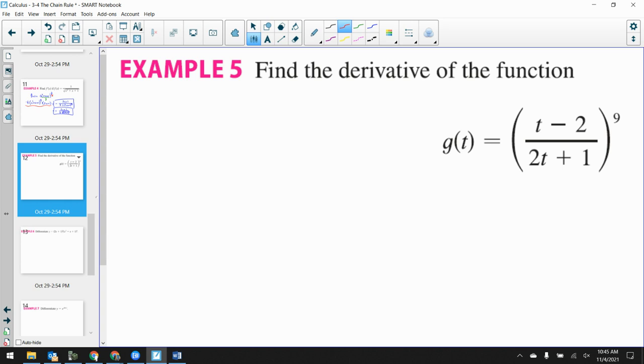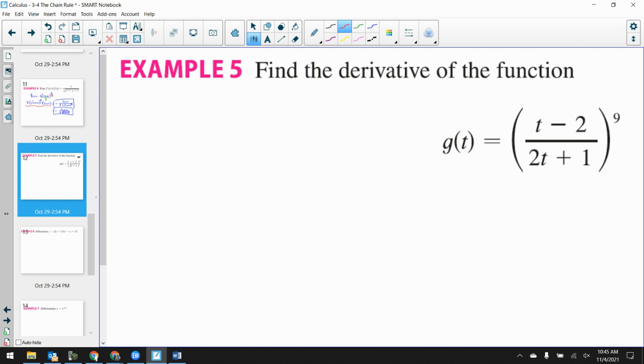All right, let's take a look here. Now is when it starts to get real fun. My definition of fun is this. Now I'm just going to say differentiate, and I'm not going to say differentiate by using the chain rule, because I just want you to find the derivative.